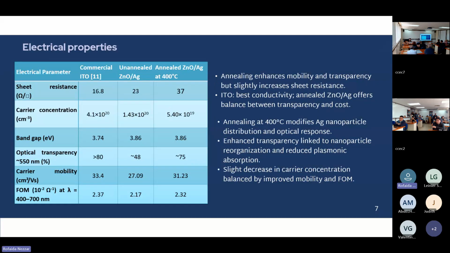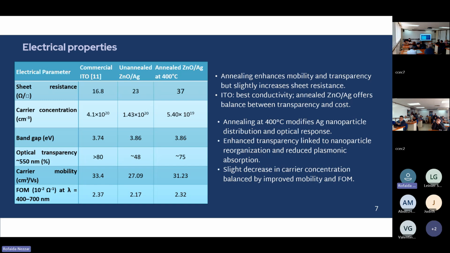So if we look at the electrical measurements, we can see very similar trends in which annealing enhances the carrier mobility, but slightly increases the sheet resistance because of the transformation of the continuous silver layer to discrete nanoparticles.